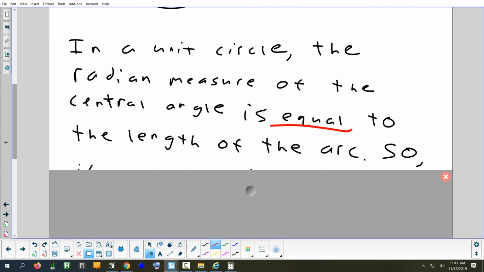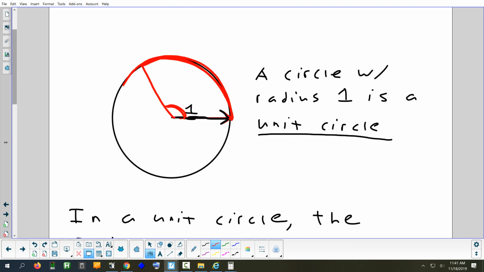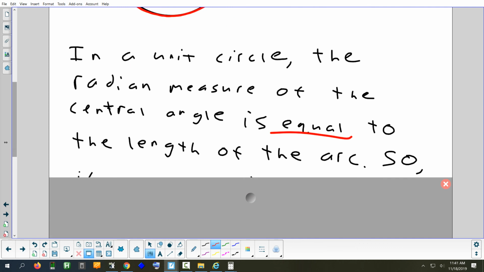Because if we know the distance to go all the way around a circle, using a piece of string, if you can tell me what that is on a unit circle, then the angle that goes all the way around is exactly the same as the arc that goes all the way around. That's what this is saying. The measure of the angle equals the length of the arc.